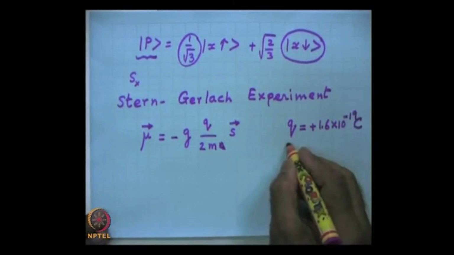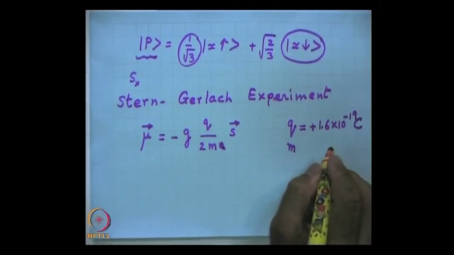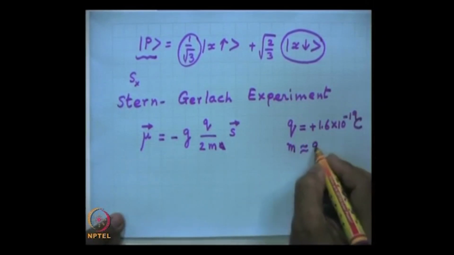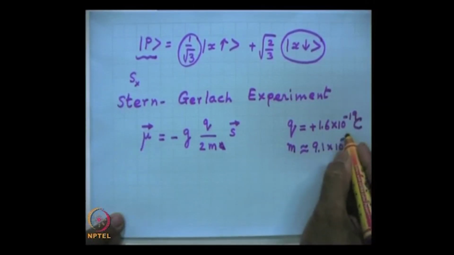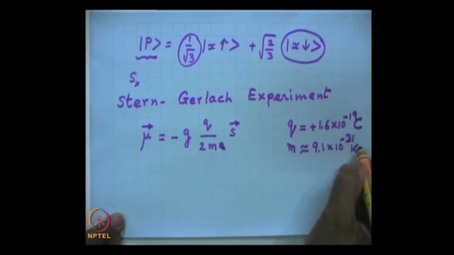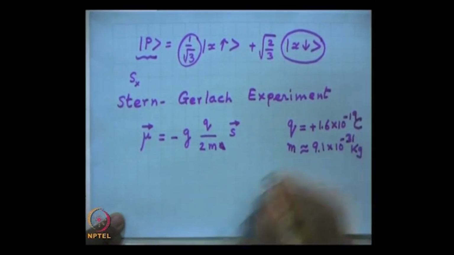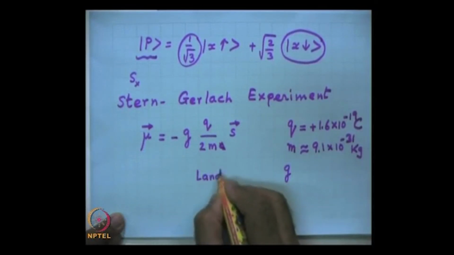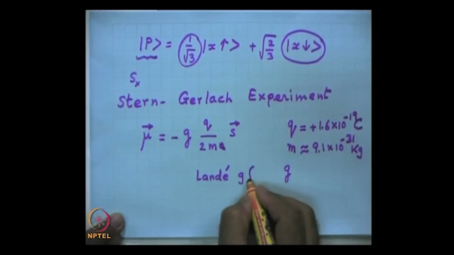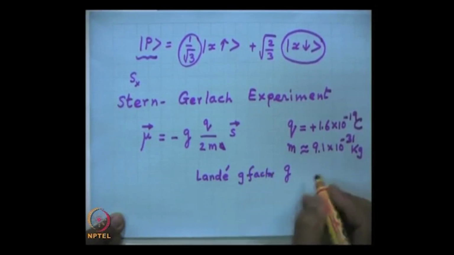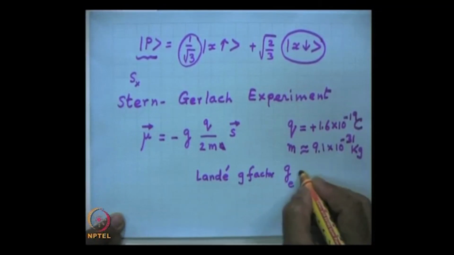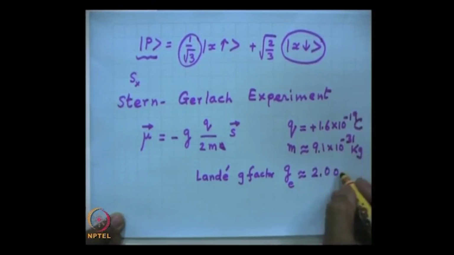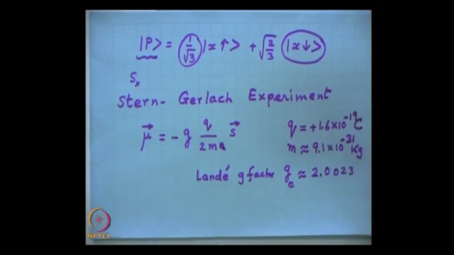M is of course the mass of the electron, and that, as you all know, is 9.1 into 10 to the power of minus 31 kilogram. g is known as the Landé g factor, and the value of g for the electron is approximately 2, actually it is 2.0023, but we will assume this to be 2.